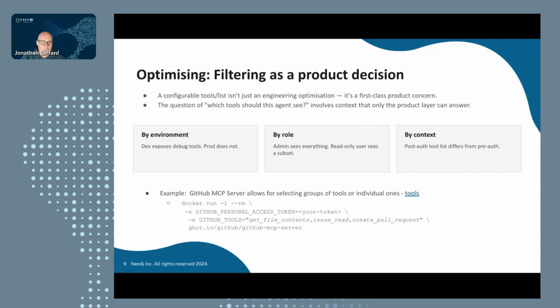So we can look at it in terms of if I'm in a development type environment, then my MCP server could expose tools for debugging and to help me with development. But those tools would not appear in a production environment because they're not relevant. We can also look at the role.